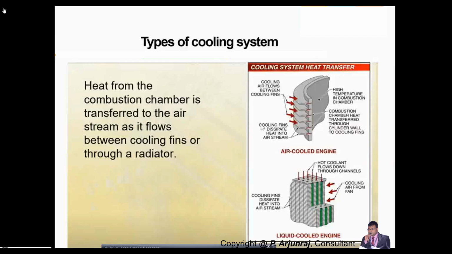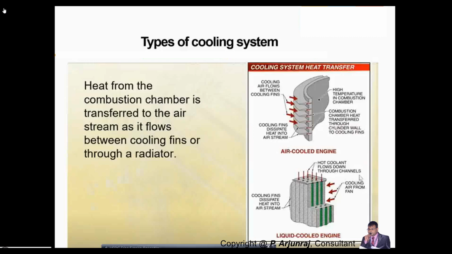It's basically a heat exchanger kind of thing. Similarly, here you have the air which strikes the radiator, and the cooling air which is coming in will go out as hot air.